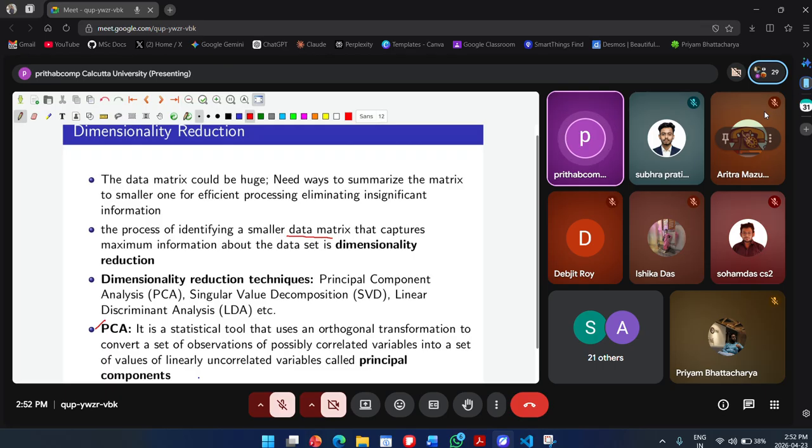So later on you will see that all these principal components are actually orthogonal to each other. So that's why they're uncorrelated. Okay, so the principal components are uncorrelated.